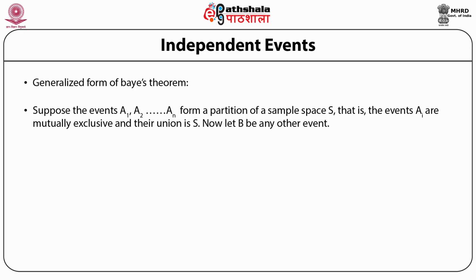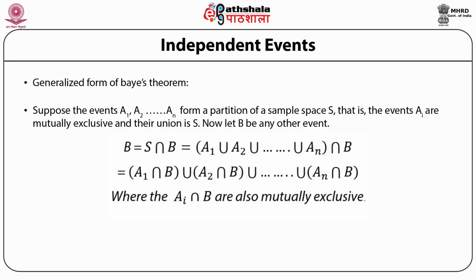Now let B be any other event. Then B occurs in combination with S, that is, S intersection B is equal to (A1 union A2 and so on up to An) intersection B, or this can be written as A1 intersection B, A2 intersection B and so on up to An intersection B and their union, where the Ai intersection B are mutually exclusive.